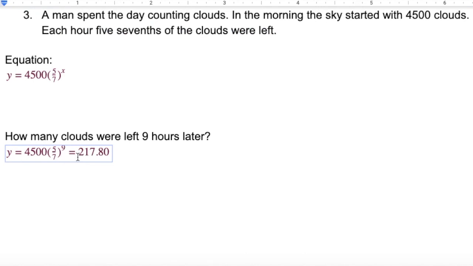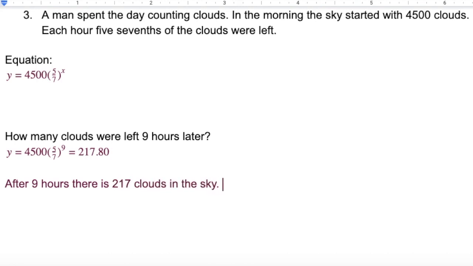And when you do, this is the answer you get. So after 9 hours, it's really hard to have a decimal of a cloud. Because you can't have a decimal of a cloud, it makes sense to round down and just say that there are 217 clouds in the sky.